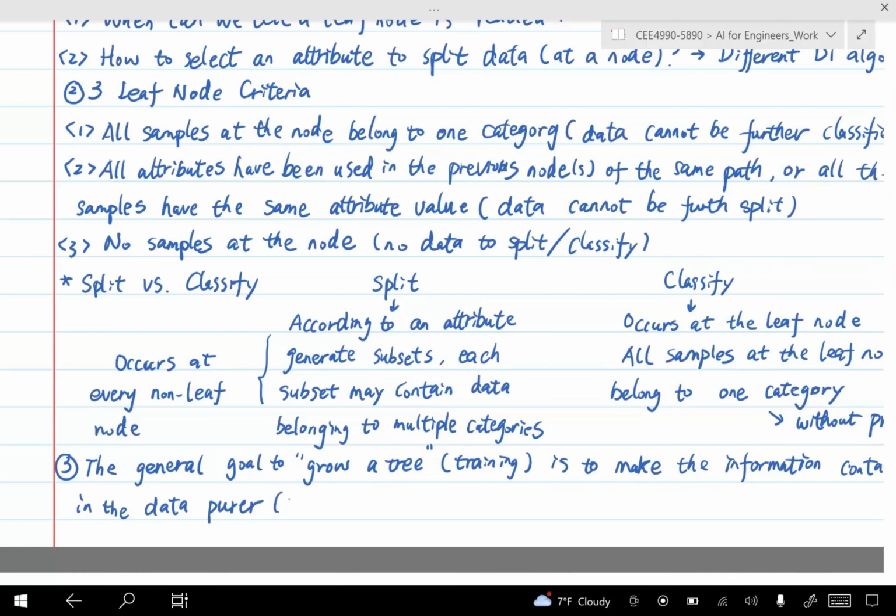We know that data contains information. Here, pure means that the data information has less chaos, less uncertainty. So this is the general direction. We set up a goal. We need to go along that direction. But how to get to the destination, we can select different routes that will lead to different decision tree algorithms.